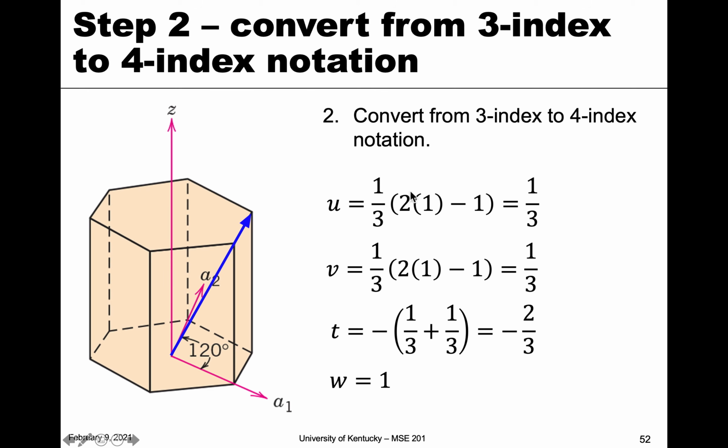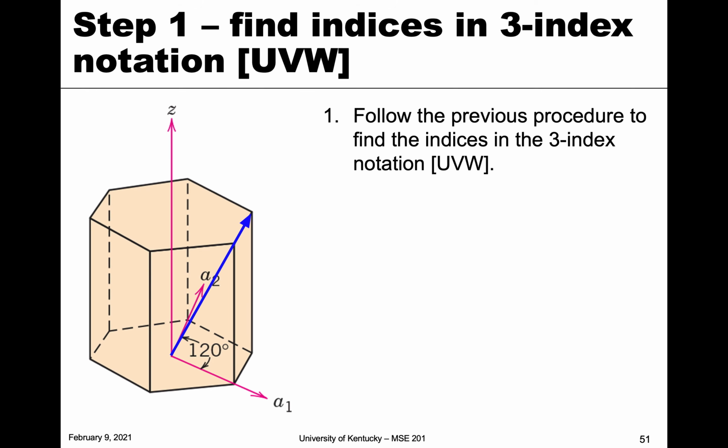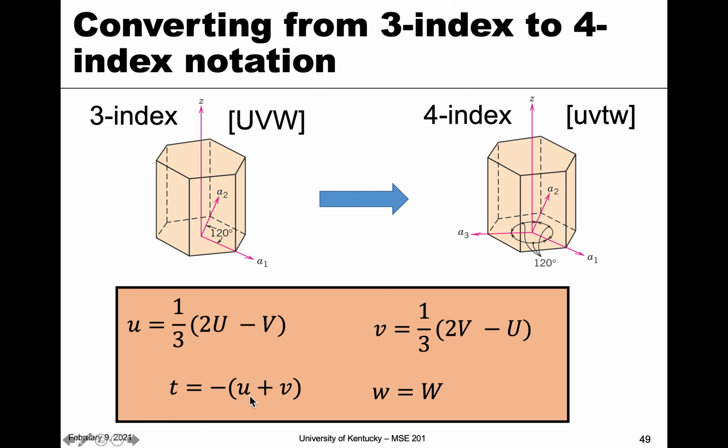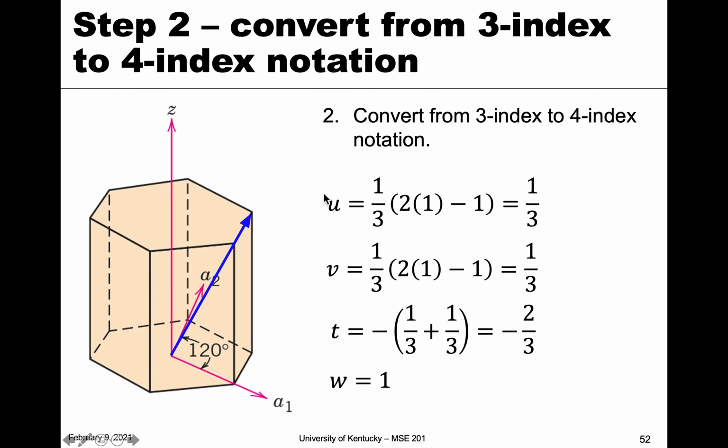So these basically end up being the same, but they're flipped. And then the T, if we go back, the T is the combination of both, minus the combination of U and V. The new ones are the lowercase. So I basically take the combination of these two values and take the negative, so that's negative 2/3. And then w is the same as W.